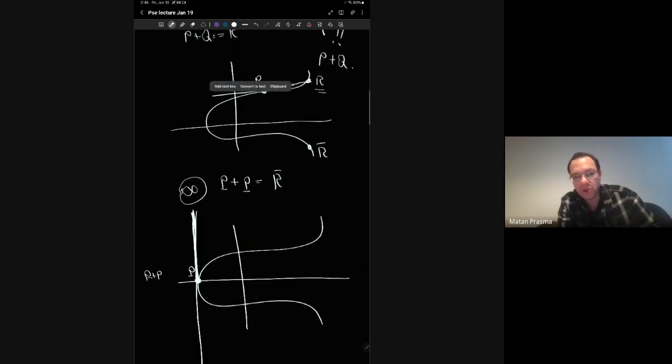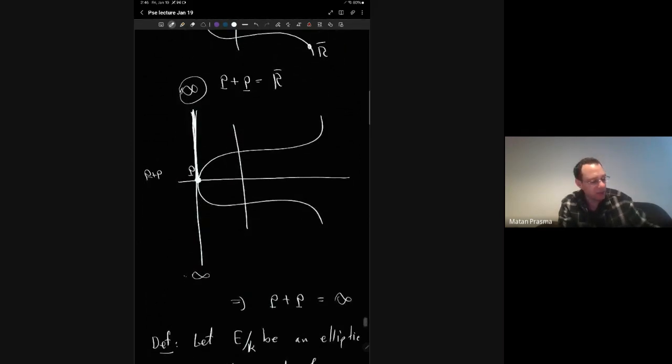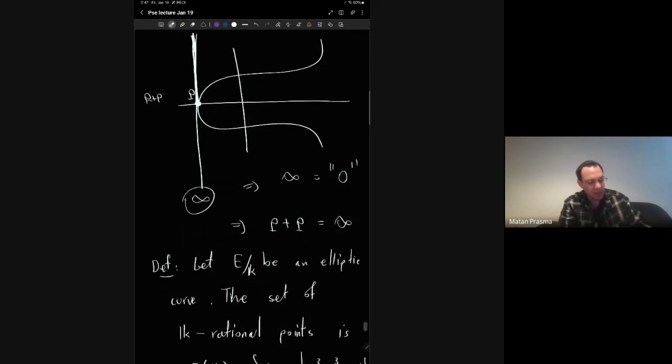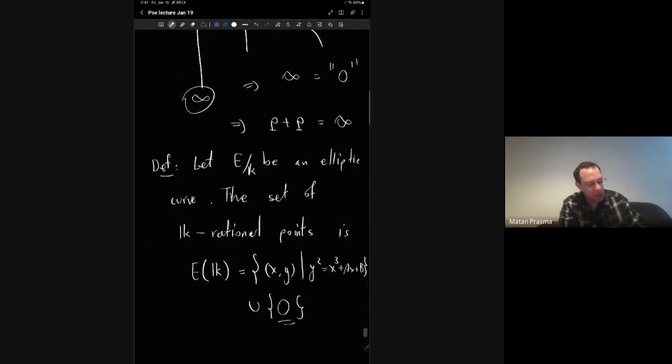This is the natural thing you would want to do, but by this logic, the inverse of infinity is going to be infinity, because again, infinity we think of as lying at the top and at the bottom. So it means that infinity is what we want to think about as the zero element, and that's the reason we denote it as O instead of infinity.